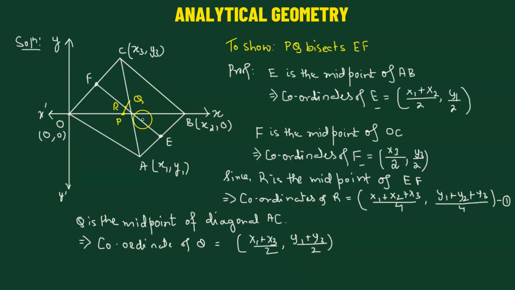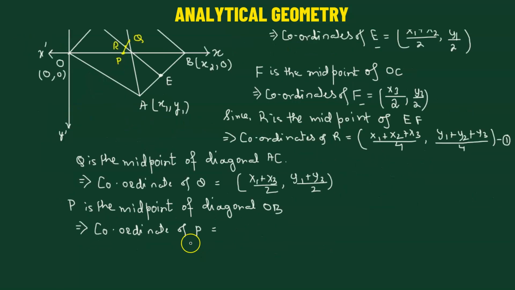Now we'll find the midpoint of the diagonal OB, which is going to be P. So the coordinates of P are going to be x2 divided by 2 for the x coordinate, and 0 divided by 2 for the y coordinate.